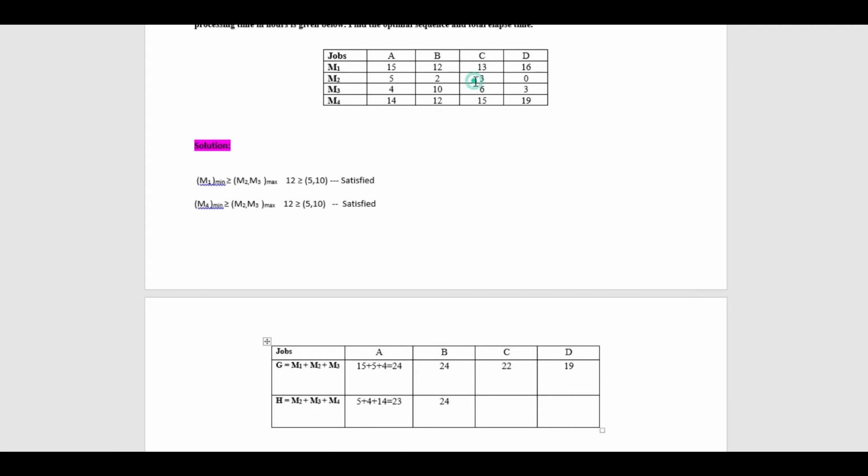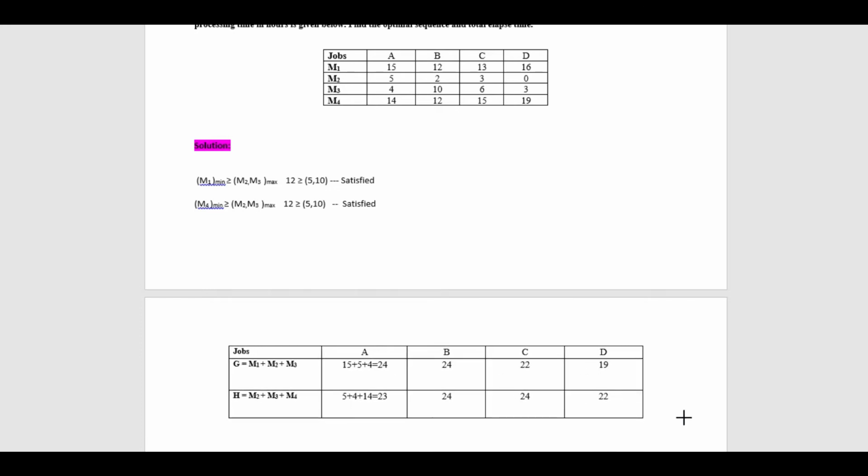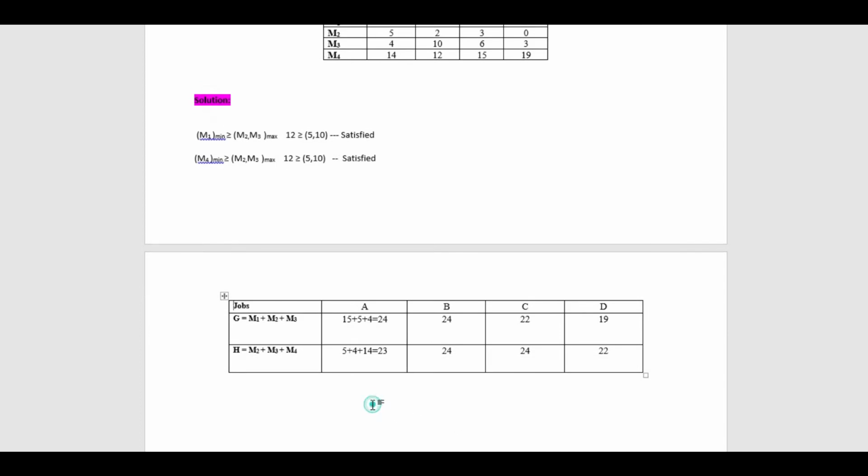For job C, the processing time for H will be 3, 6 and 15, and this becomes 24. And for job D, it will be 22. So this is the processing time for the two imaginary machines G and H. This is how we have to find it.